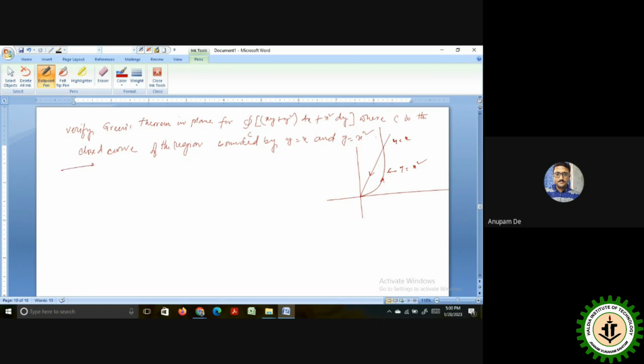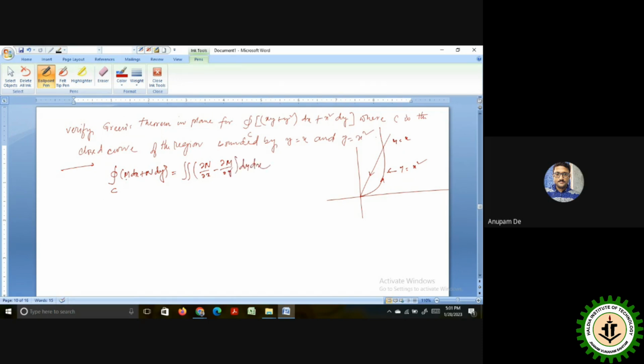Okay, fine. So by Green's theorem, I know that the closed integration over C of M dx plus N dy is equal to the double integration of del N by del x minus del M by del y dy dx.